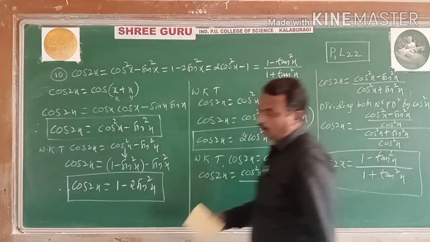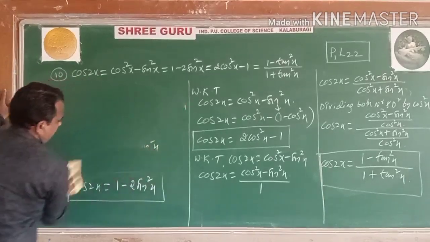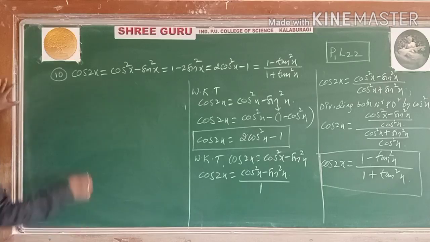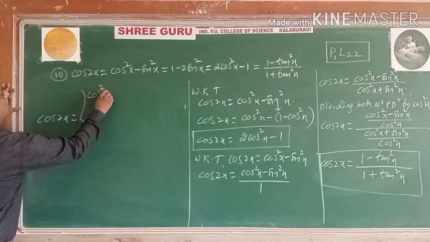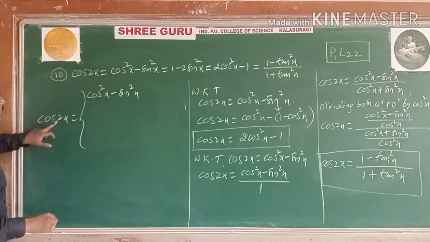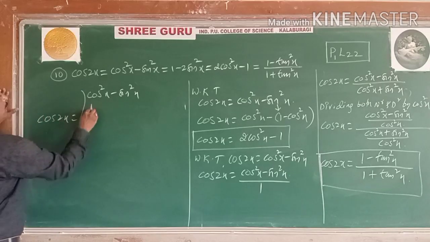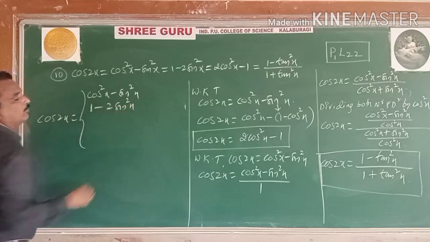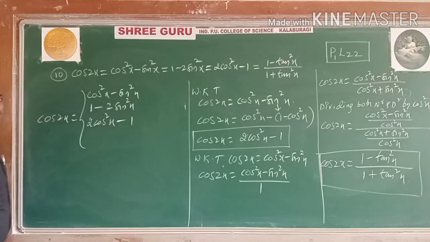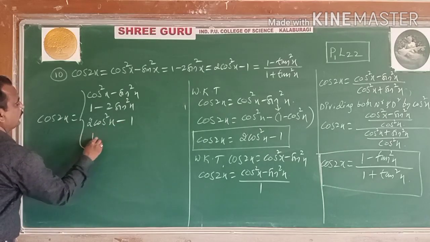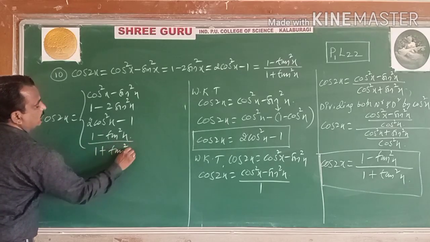Now we will go for tan 2x. See, students, for cos 2x we first proved cos square x minus sin square x, writing 2x as x plus x. In terms of sin we proved 1 minus 2 sin square x. In terms of cos we proved 2 cos square x minus 1, and in terms of tan, 1 minus tan square x divided by 1 plus tan square x.